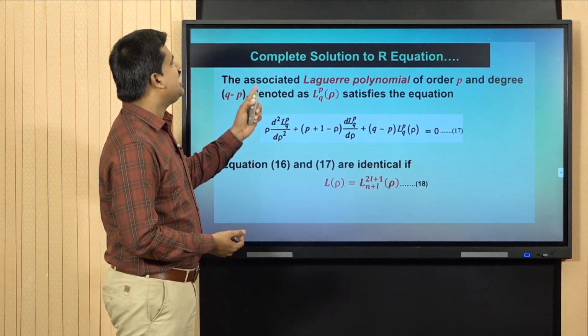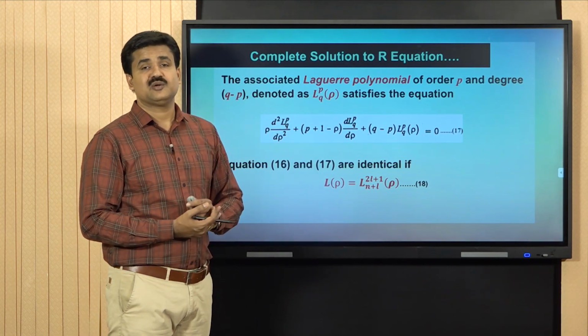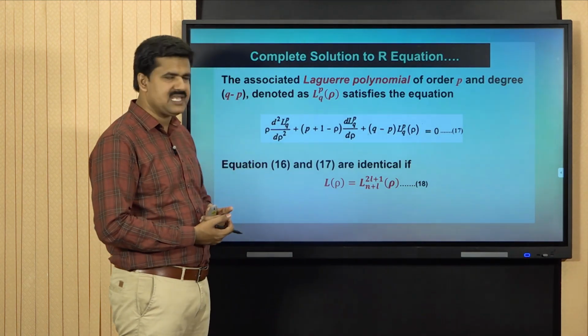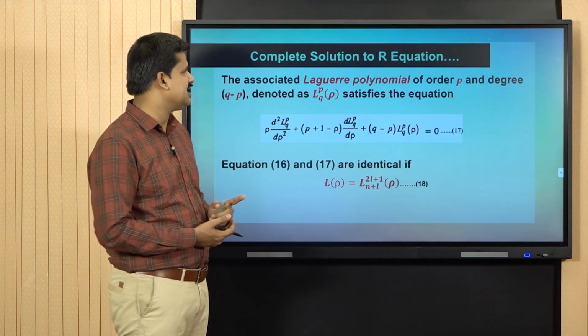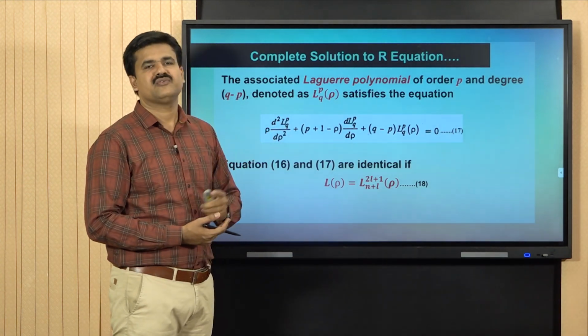Now, the associated Laguerre polynomial of the order P and degree Q minus P can be denoted as L Q raised to P of rho.